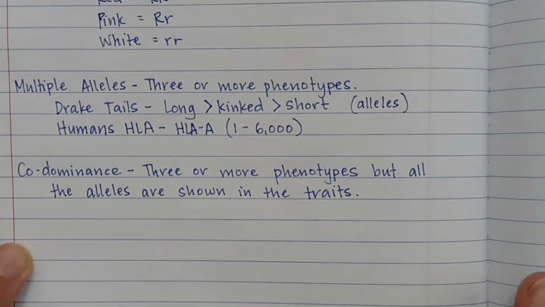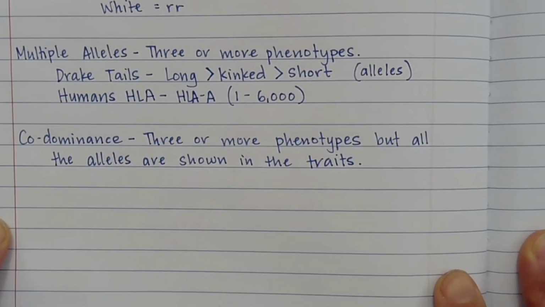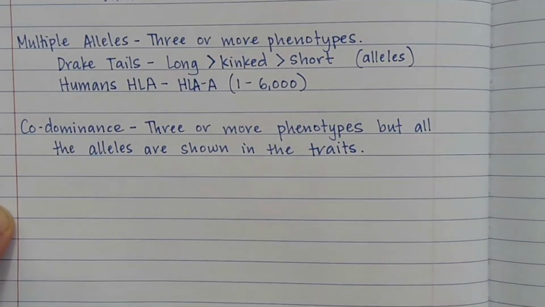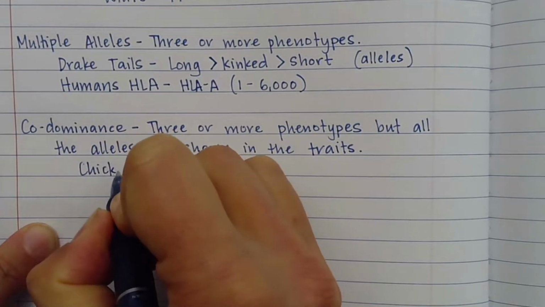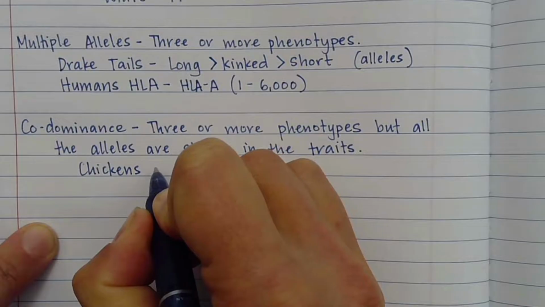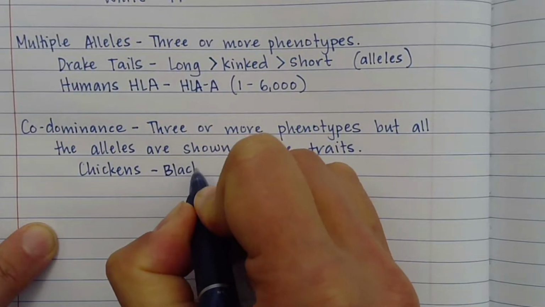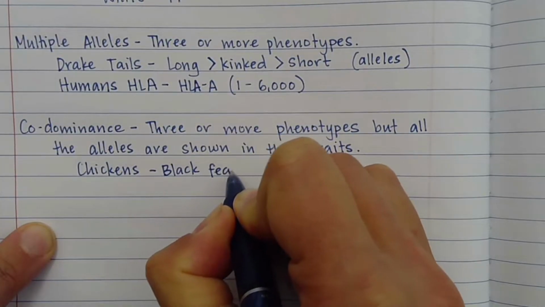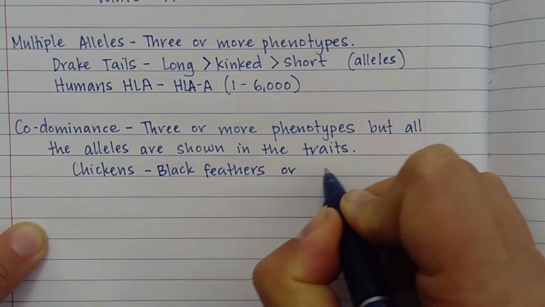So let's talk about, this isn't shown in the game, but let's talk about chickens. In chickens, we can have black feathers, or white feathers.